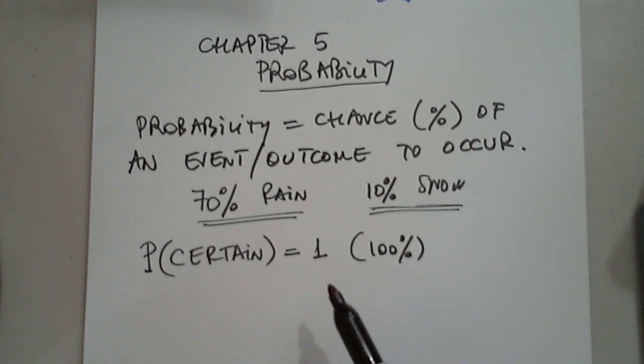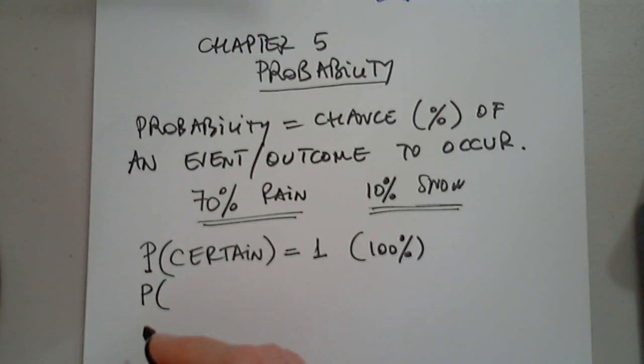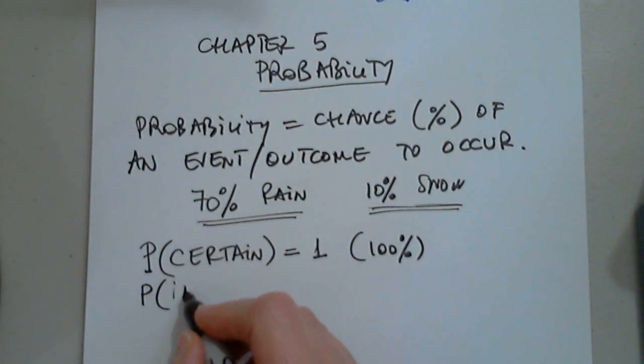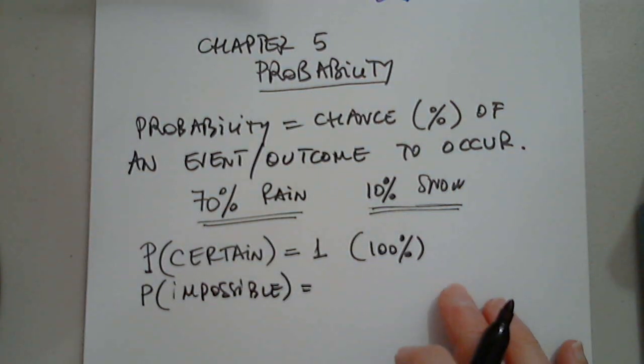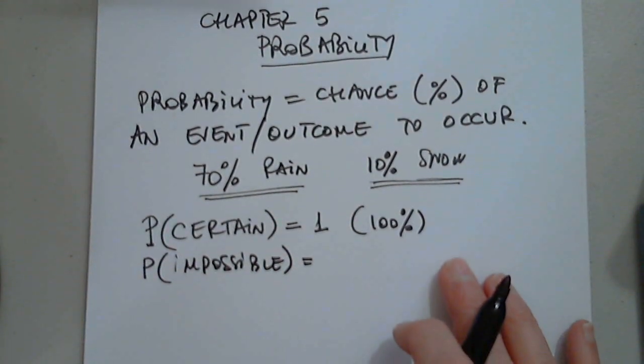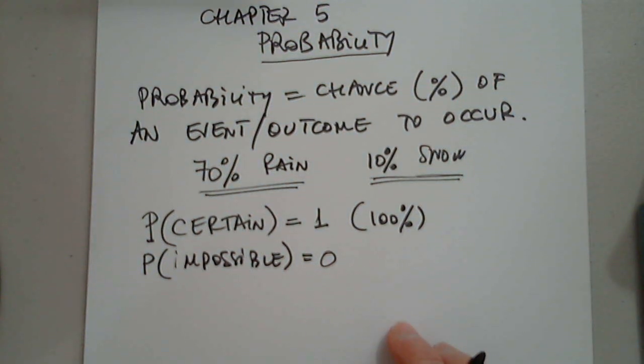Yeah, that's a certain event, right? What is the probability of an event that cannot happen, like impossible? Zero, or 0%.